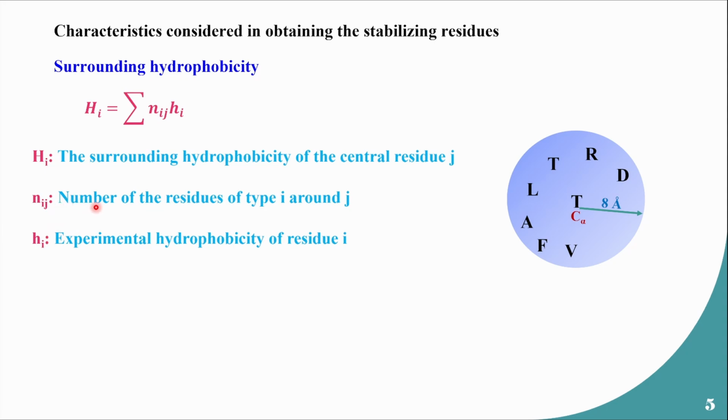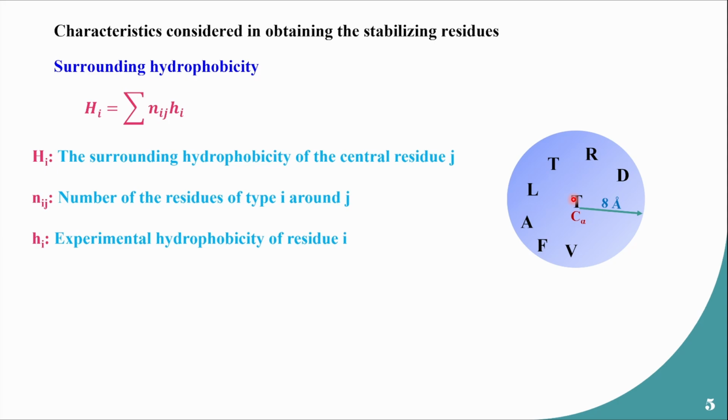So nij is the number of residues of type I around J. Imagine there are all sorts of different types of residues around this particular threonine here, right? There could be multiple of the same residues. For example, let's say 4 leucines are present within that sphere, within that cutoff radius.